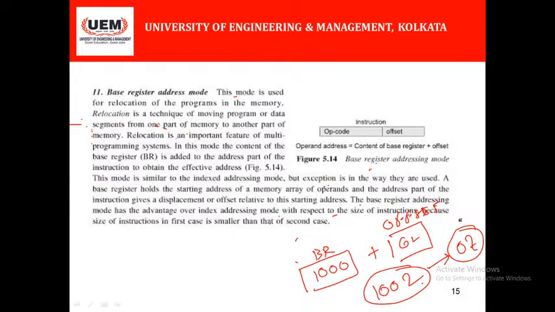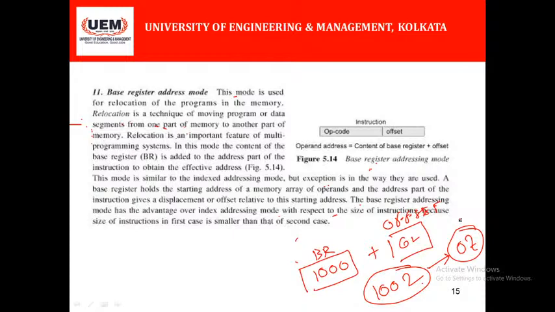This mode is similar to index addressing mode, but what is the difference? The difference is in the way they are used. Index addressing mode is used for accessing arrays, but base register addressing mode is used for relocating a program in memory. A base register holds the starting address of a memory array or operands, and the address part of the instruction gives the displacement or offset value related to the starting address.